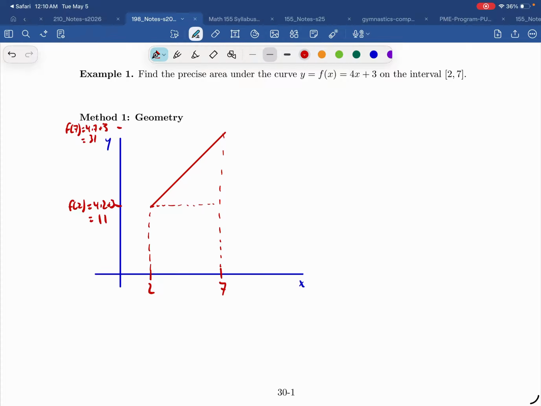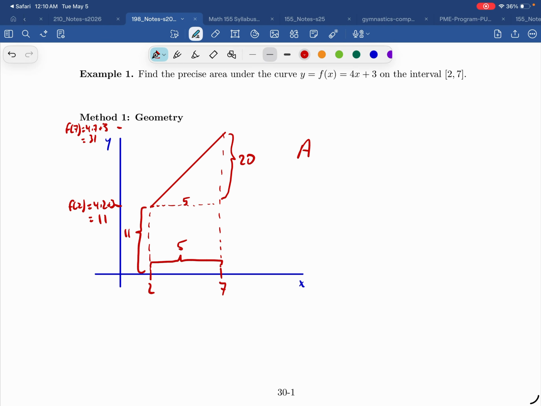Again, I can't emphasize this enough, not drawn to scale. This is a length right here of 5. This right here is a length of 11. This right here is also a length of 5, and this right here is a length of 20.